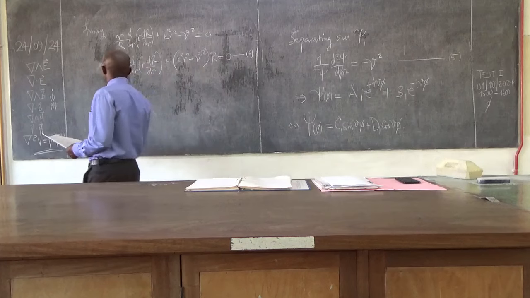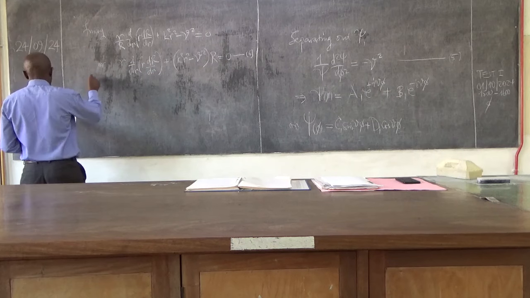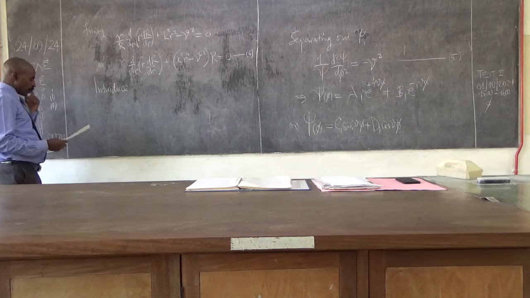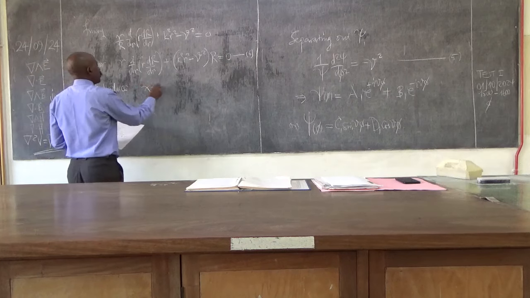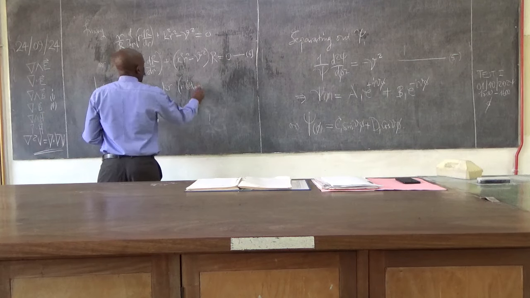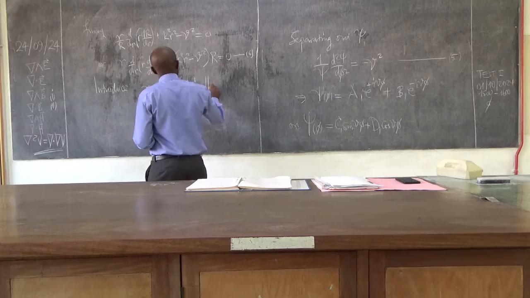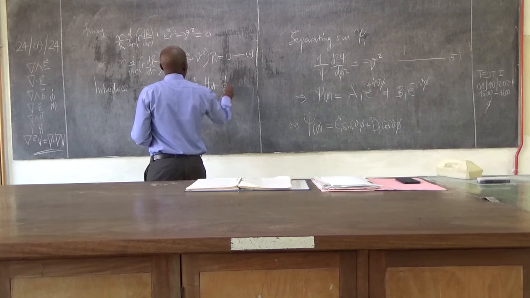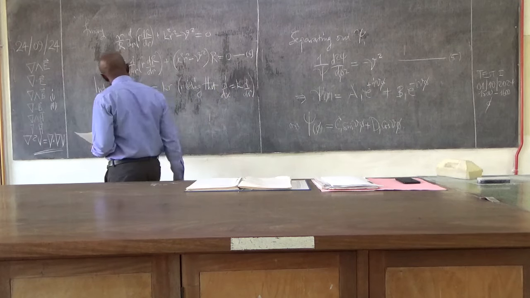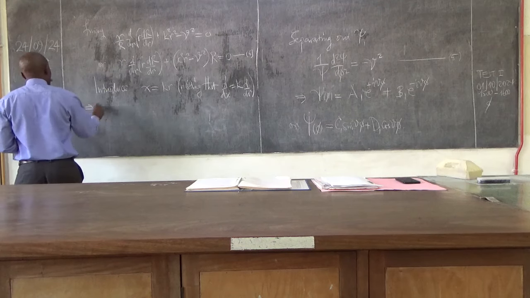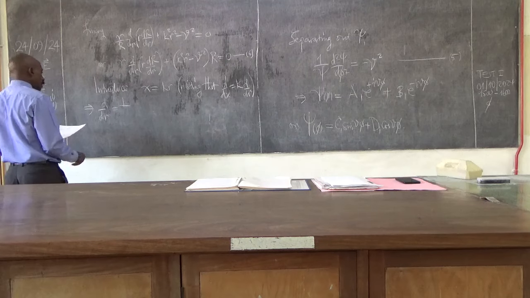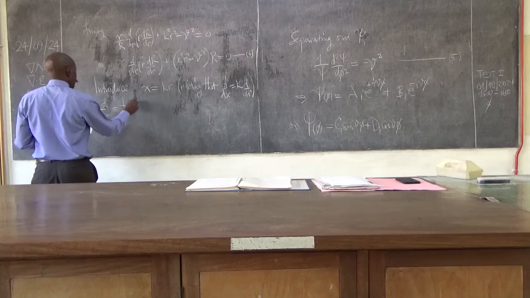Introduce some constant k, with x equal to kr, noting that d/dx would be equal to k d/dr. This is a differentiation from first principles. This will imply that d/dr equals 1 over k d/dx.